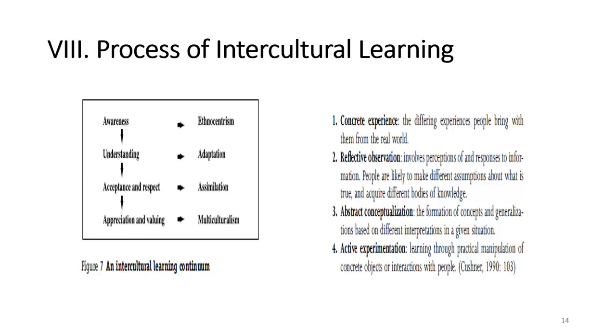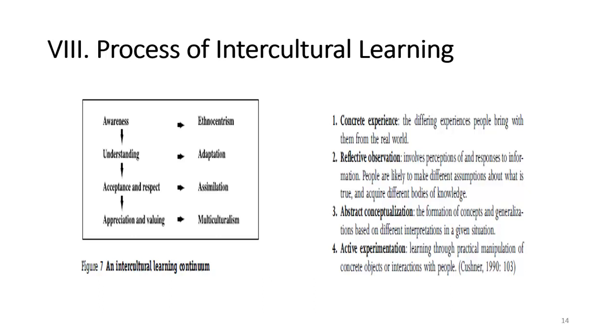And if we can move through those steps, we can get to that place of being a kind of multiculturalist or having a multicultural personality. But the author tells us that this kind of growth from awareness to appreciation is not automatic, and that there are sometimes these roadblocks.